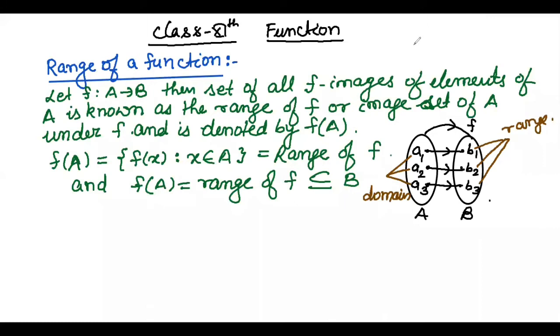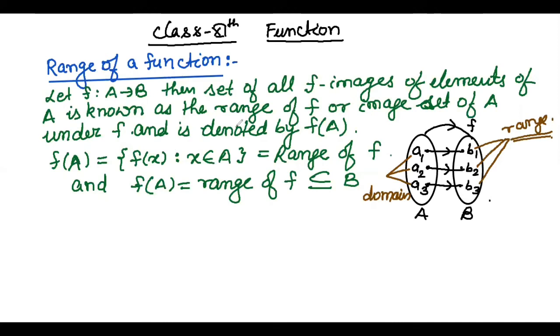So we will discuss range of a function. Let f from A to B, then the set of all f images of elements of A is known as range of f or image set of A. Meaning is second set elements, means set B elements which are connected to set A elements. So all elements of set B which are connected to A, these all are called range.